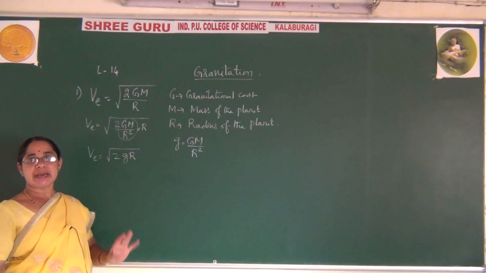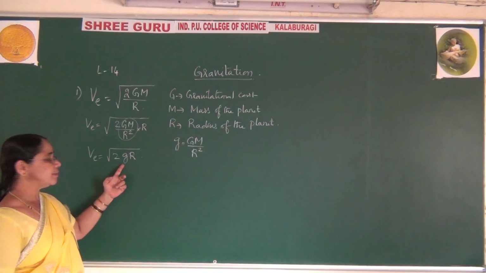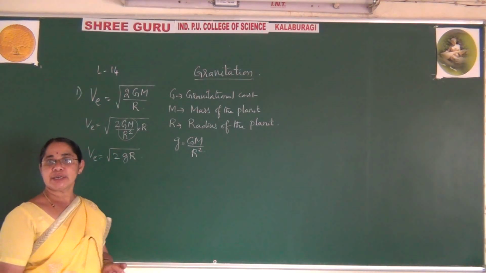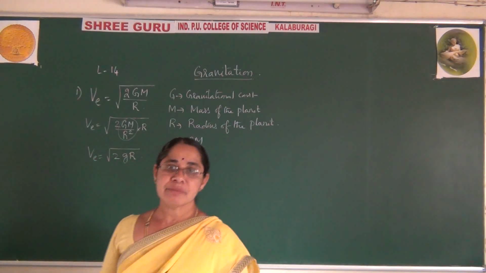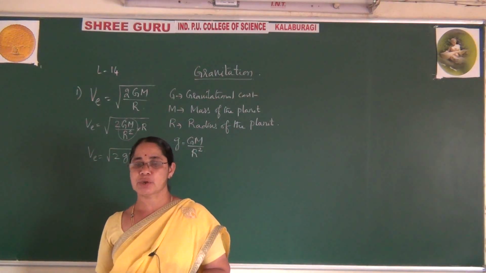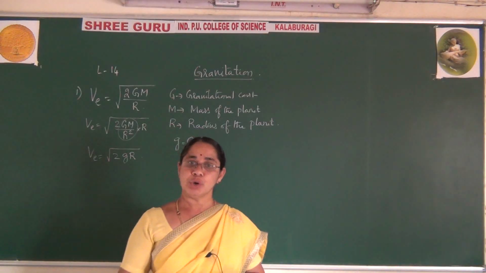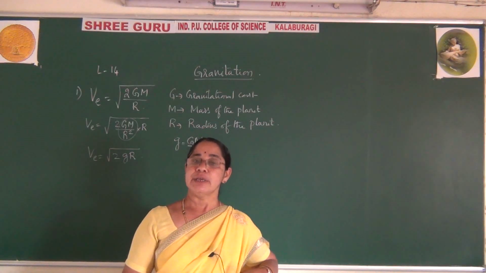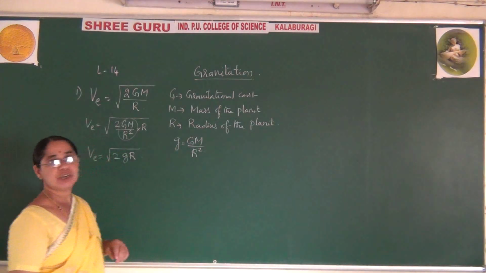When you want to calculate the escape velocity of the Earth, you can use this expression, because small g, the acceleration due to gravity on the surface of the Earth, is maximum, which is 9.8 meters per second square. R is the radius of the Earth, which is 6,400 kilometers. Using these, you can calculate the escape velocity of the Earth.